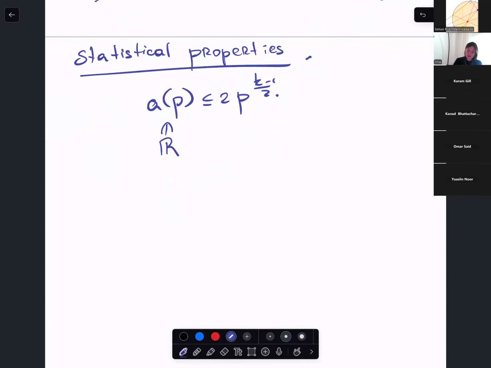Right, and what that means is that we can always take our coefficient a_p and scale it down by this size p to the (k minus 1) over 2. So fix a form f. Take this coefficient, and that is now always a number that simply lies in the interval [-2, 2].